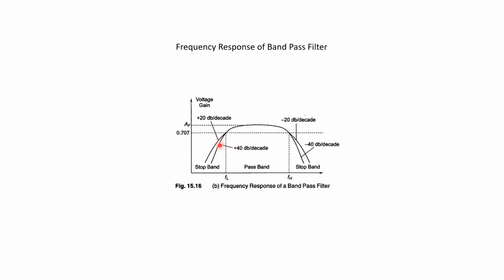When it is a first order filter, it will be minus 20 dB per decade. So when we increase the filter order, obviously we are going to get a more ideal frequency response curve of the band pass filter.